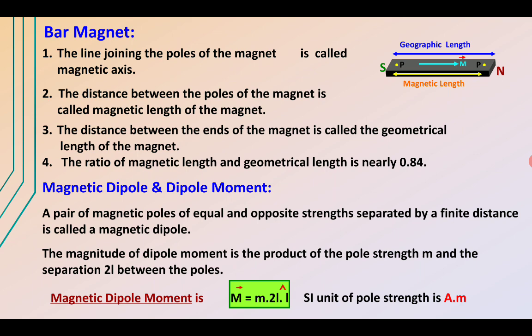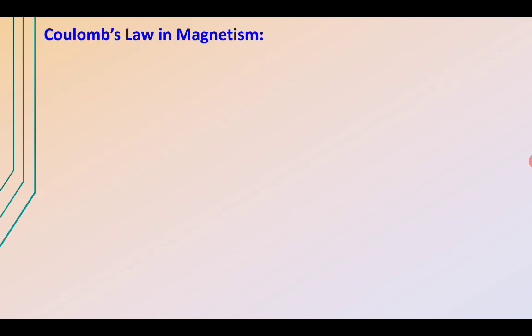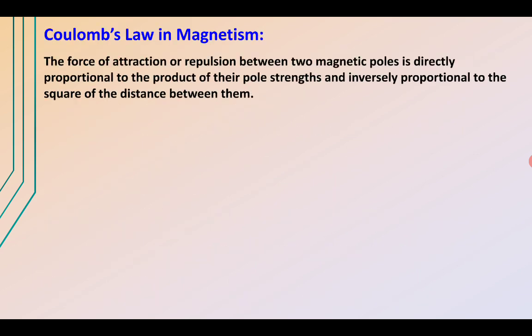Now, after discussing these basic definitions for the bar magnet, let us discuss some laws related to those magnets. As we had already discussed in our previous chapter, Coulomb's law in electrostatics, similarly we have Coulomb's law in magnetism as well. So what is Coulomb's law in magnetism?